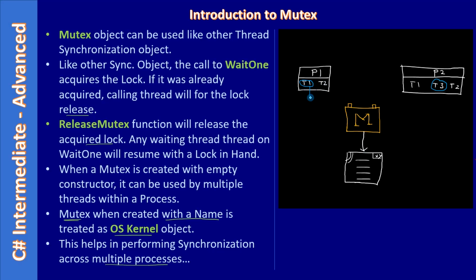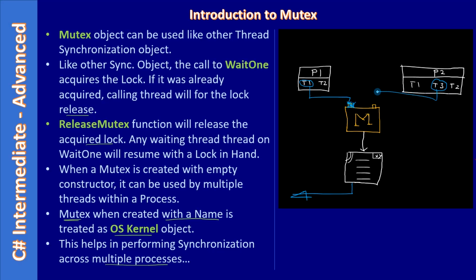They both go through the mutex and try to access the file. Let's state that process 1 through thread T1 locked the mutex. So it will go ahead and access the resource, and once it is done with the resource, it will release the lock.